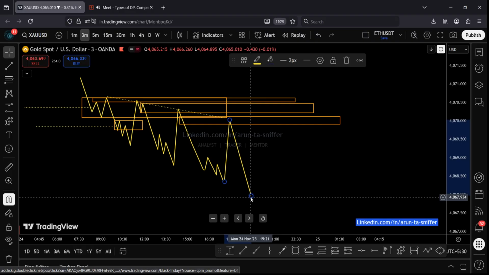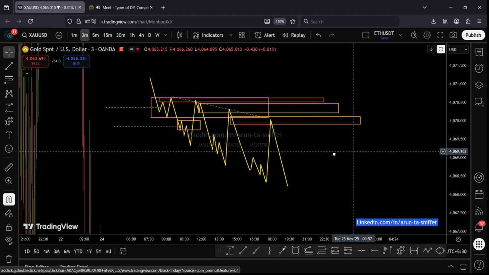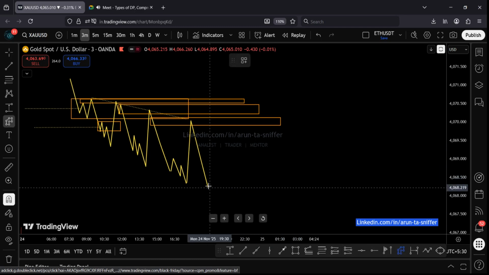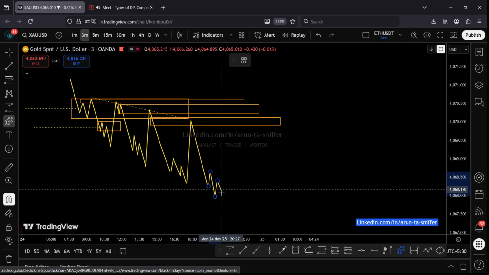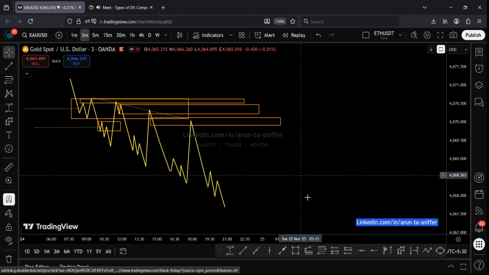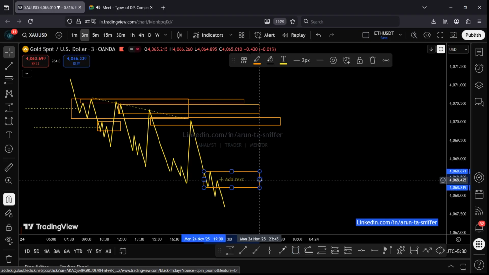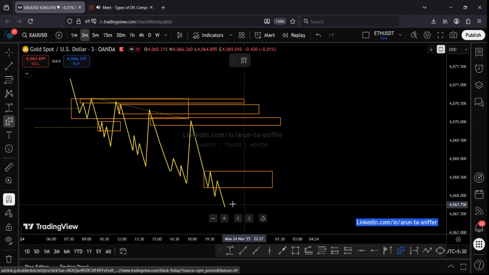Again, what happens here in future? Also possible is what will happen here like this. Price comes down again. Here we have an FL, and what does price do here? This is our FL, right? Price may do like this.